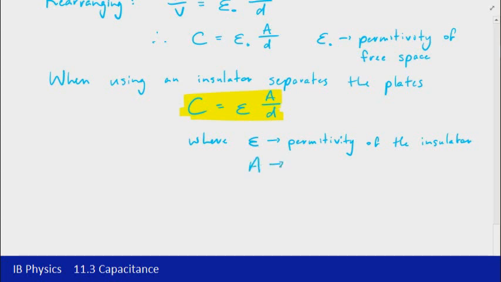You can always figure it out from the equation if you need to. A is the area of the plates, and we're talking just cross-sectional area here, so it's not the total area of the two plates, it's just the area of one of the plates, and D would be the distance between the plates.